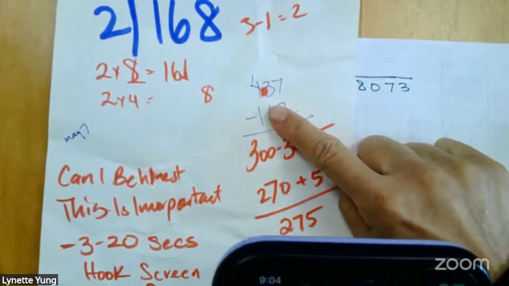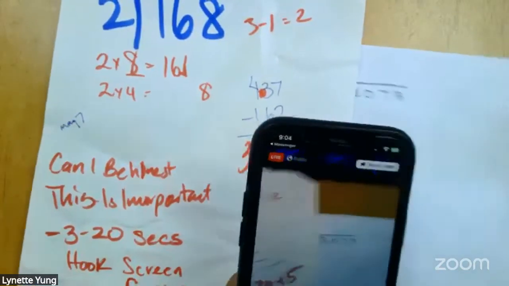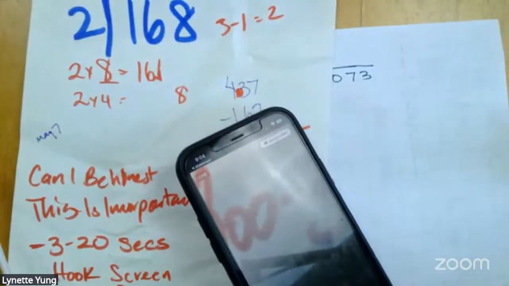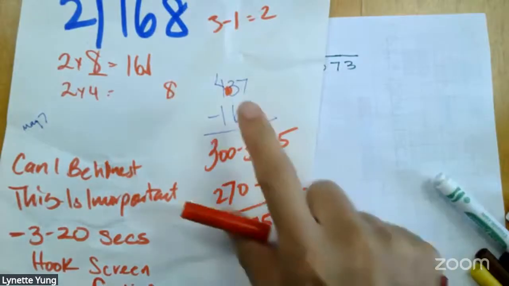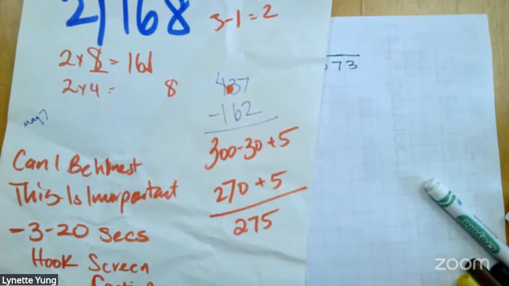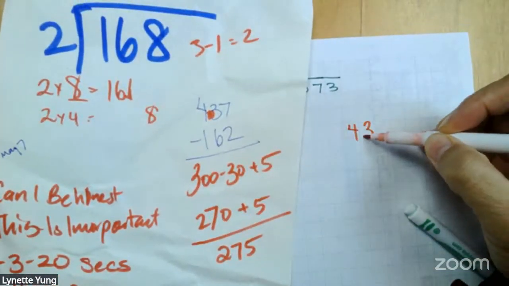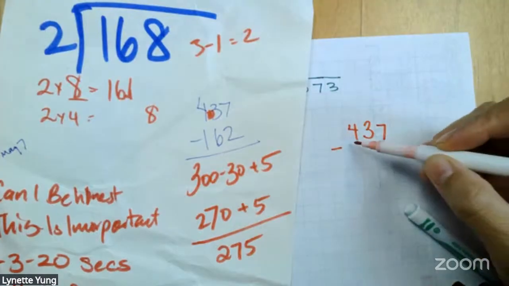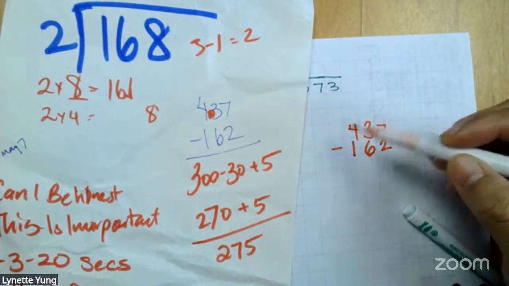The negative number is 400, and I gotta get markers. So the question is 437 minus 162.